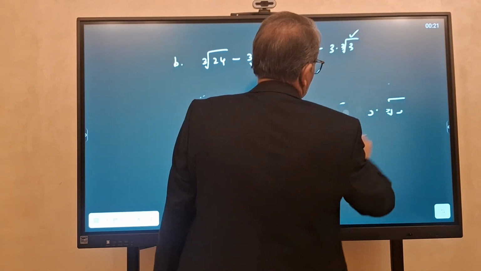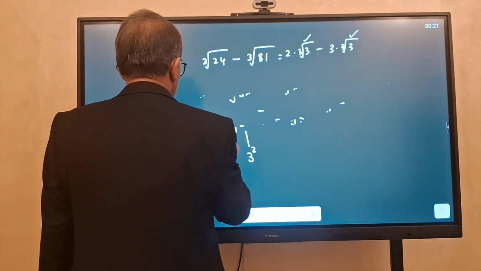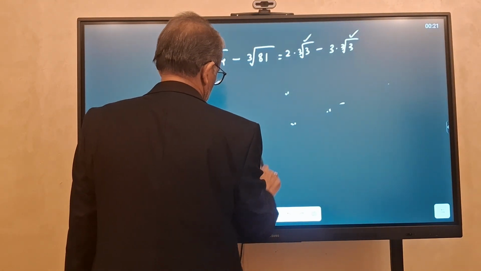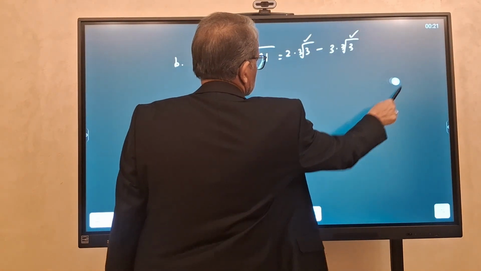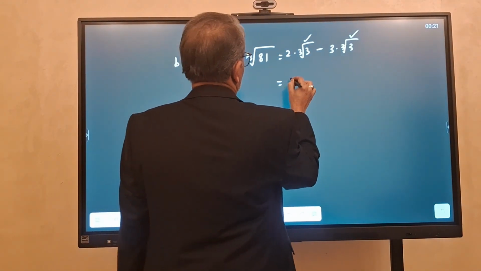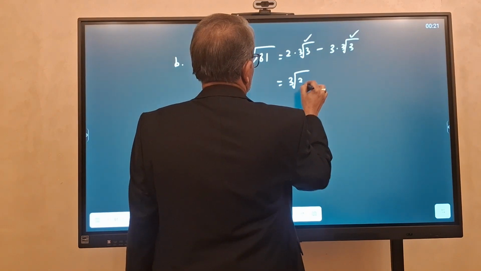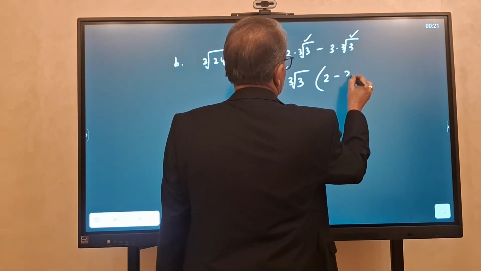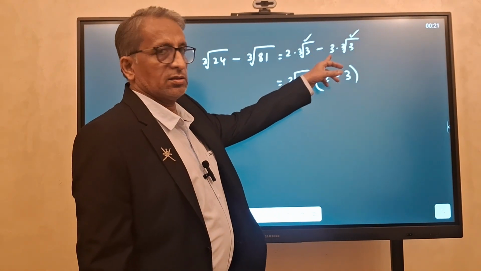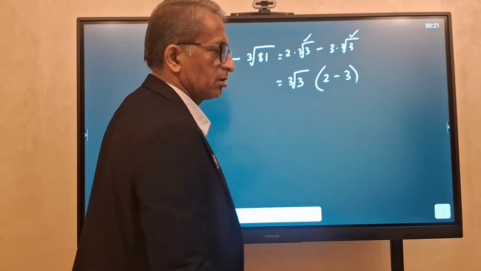When I take out, what happens? Take 3 root 3 out. What happens? 2 minus 3. 2 minus 3 is how much?